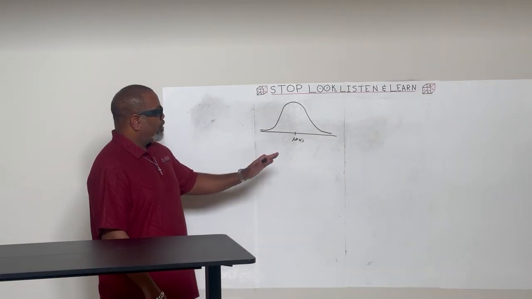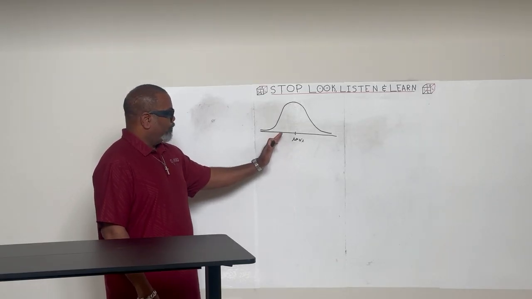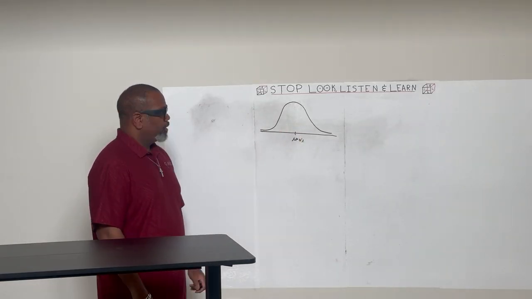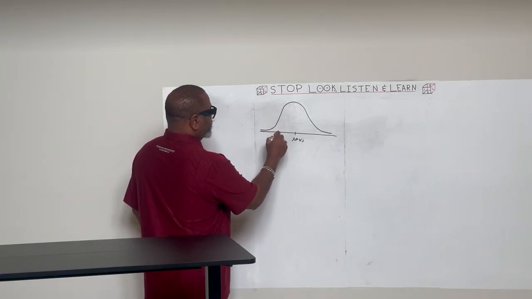Now, VaR is going to drop a vertical line of demarcation through the universe that will create the two parts. And let's say that VaR ends up being here.